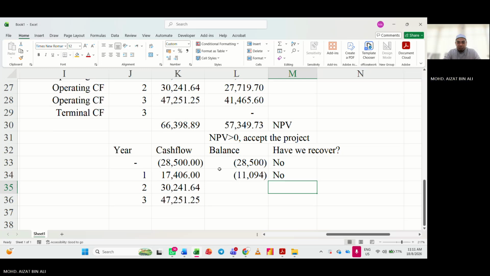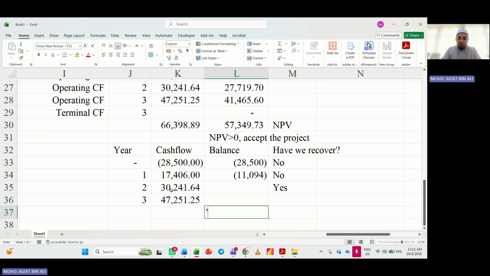In year two, as you can see, we need to recover 11,000, but we make a profit of 30,000. So do you think we have recovered now? Yes, we have recovered, but we need to get the actual period, because in the exam we expect you to tell us when it is recovered. So how do we calculate it?